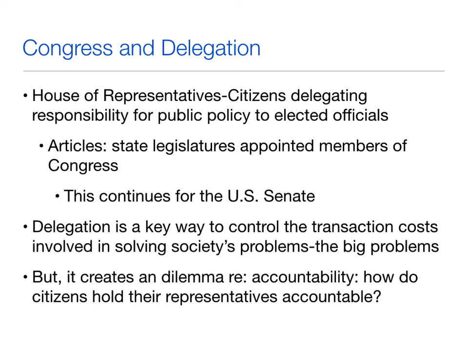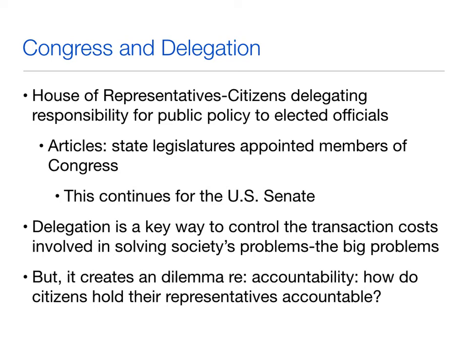The masses are electing representatives, delegating the business of governing to people in their districts in the House, and state legislatures are delegating the business of government to people they appoint to the U.S. Senate.